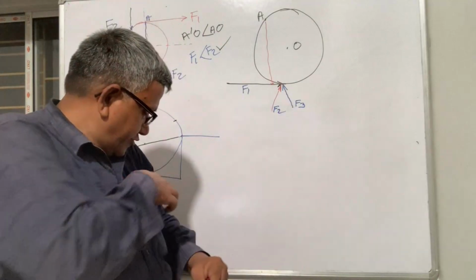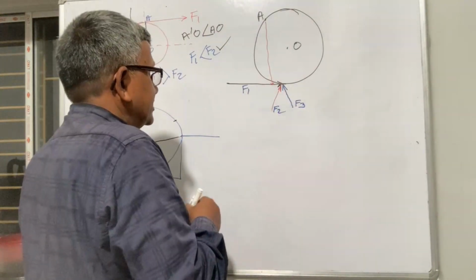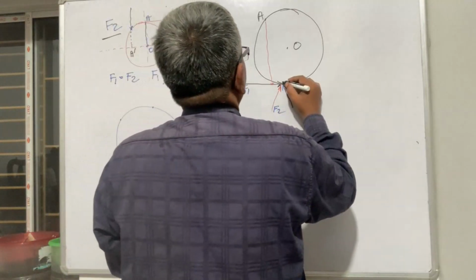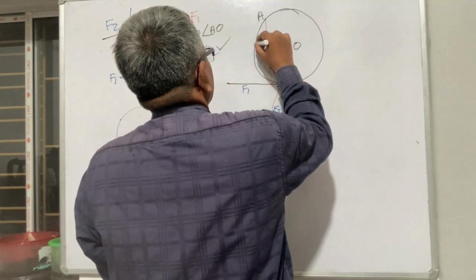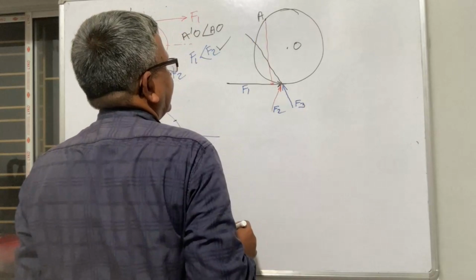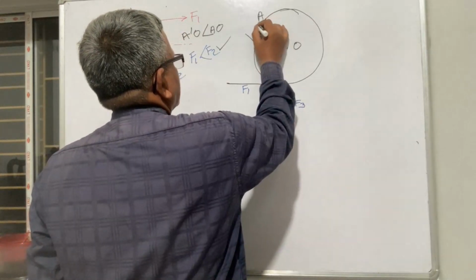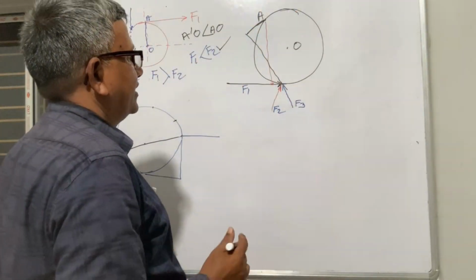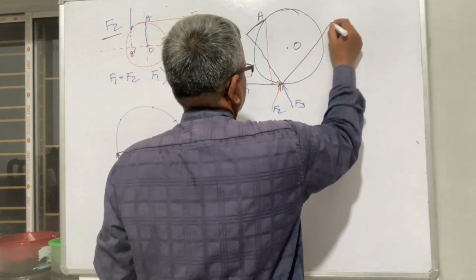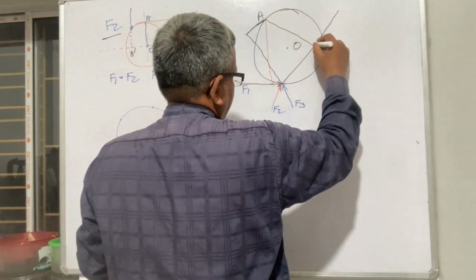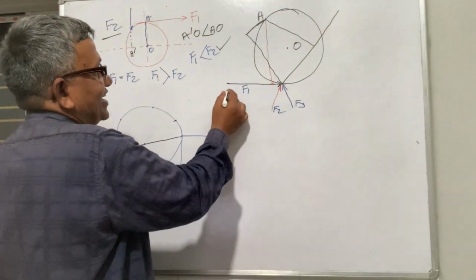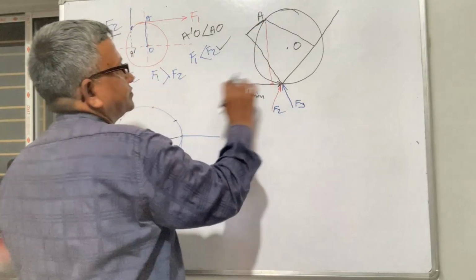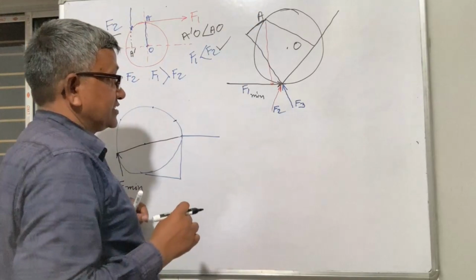If I draw this force with respect to this, the perpendicular distance is very less. And if I draw this with respect to this, now you can say the F1 distance is more. F1 will be minimum, because the perpendicular distance is more.